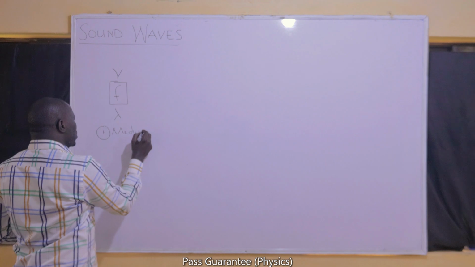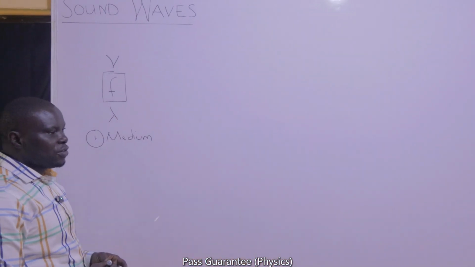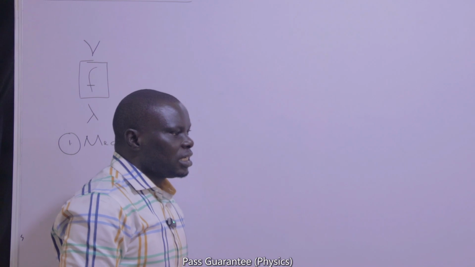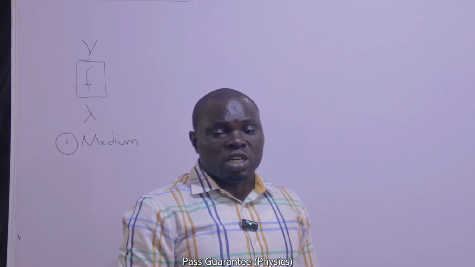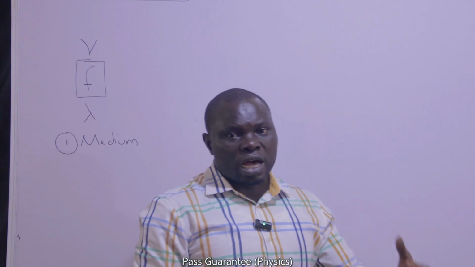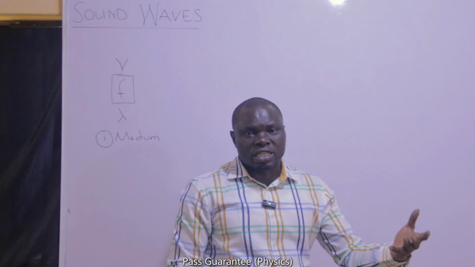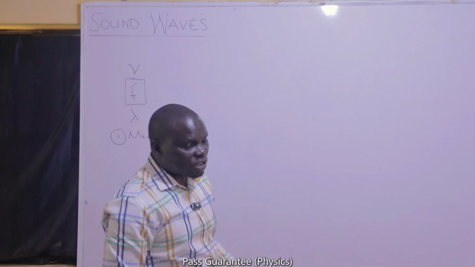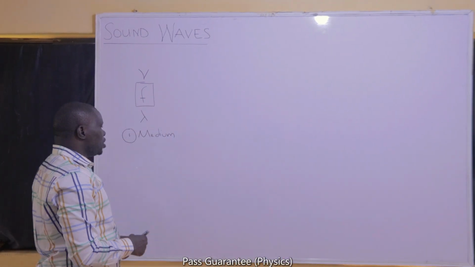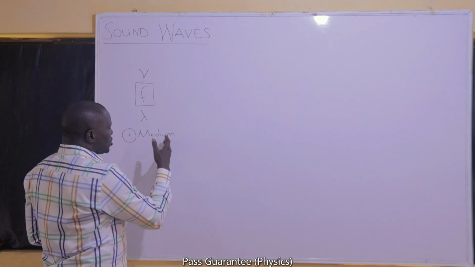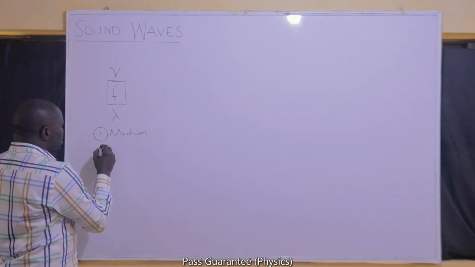The velocity of sound is fastest in solids, moderately fast in liquids, and just fast in gases. Sound travels fastest in solid. So the medium through which sound is traveling can affect its velocity.